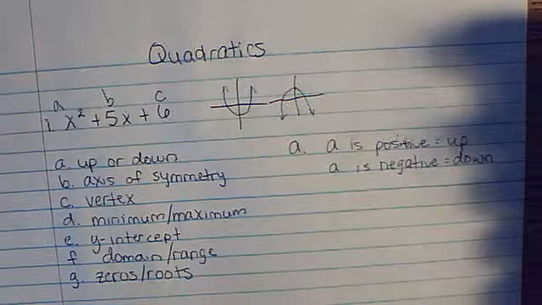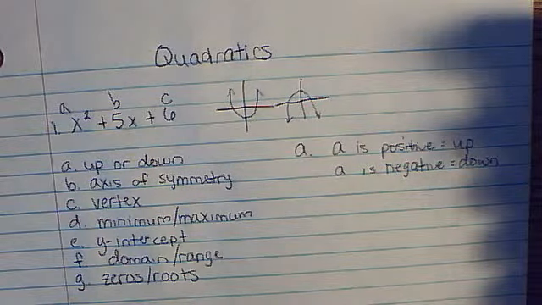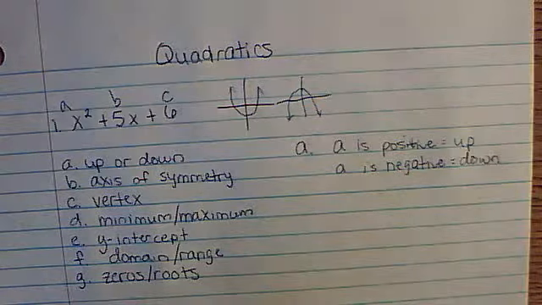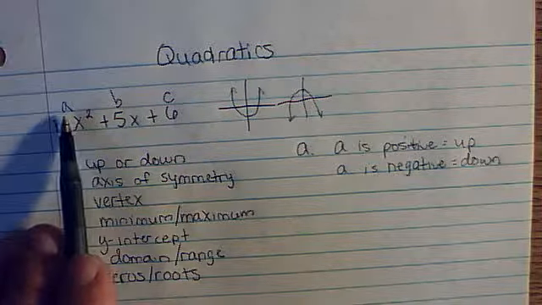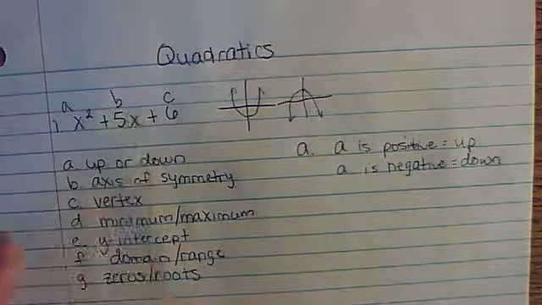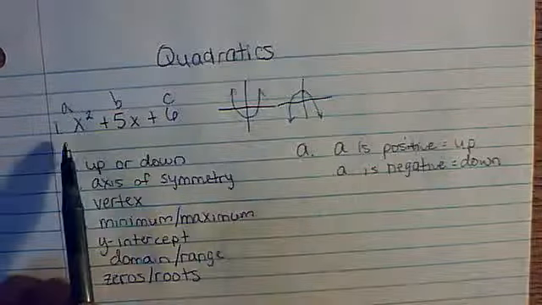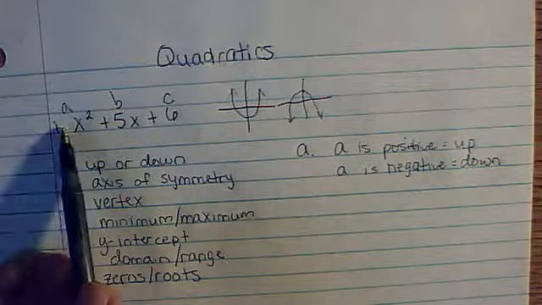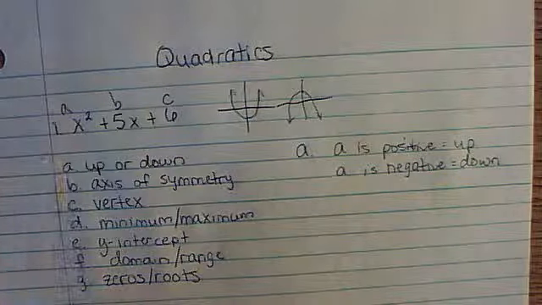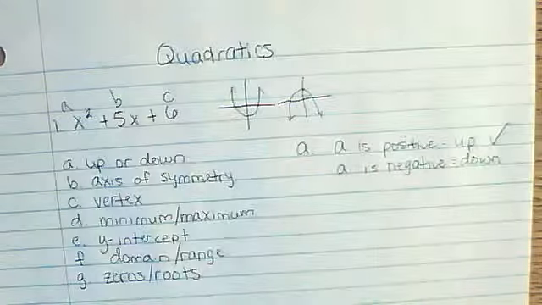And again, it does not matter whether or not that x squared is here in the equation or at the very end. It doesn't matter. Okay, the a value will be the number next to x squared. Here that value is 1, so I know that my parabola here will be facing up.